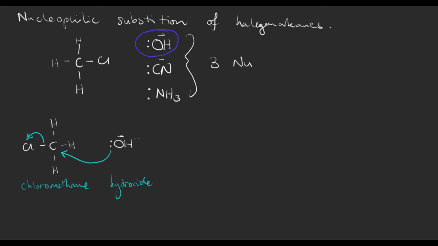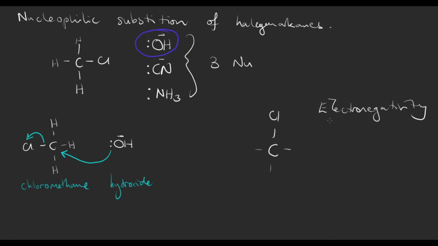Now I've just shown you what happens, but you might be thinking, well, why does that happen? That's a good question, so let's have a look at that. Let's look more carefully at the chloromethane molecule. So here's my chlorine and my carbon and my 3 hydrogens. Now you've probably come across the concept of electronegativity.